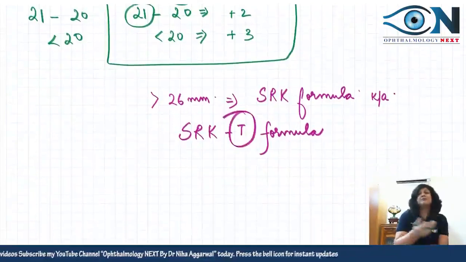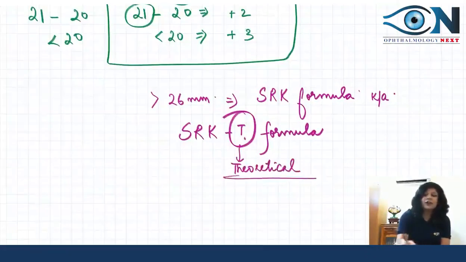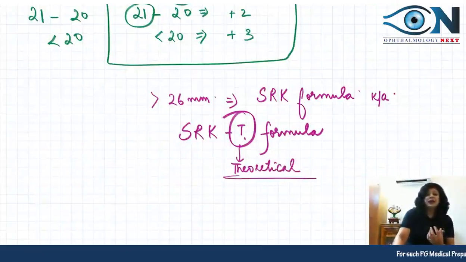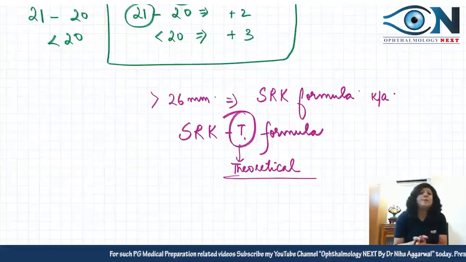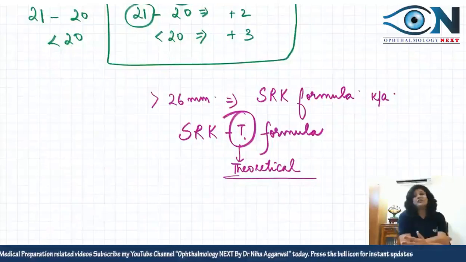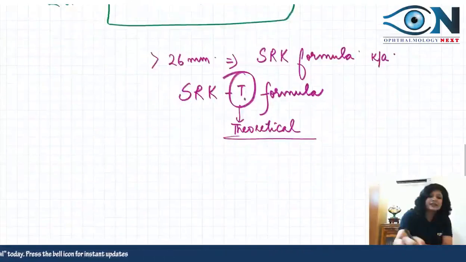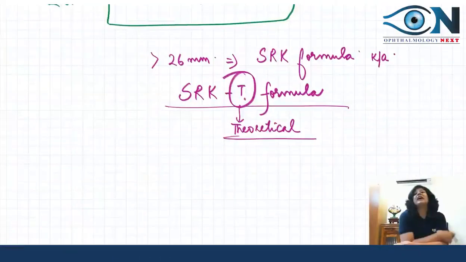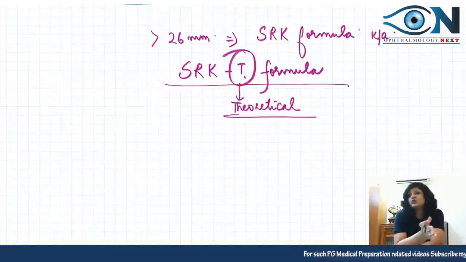I told you T for 3, but actually here T means theoretical. This is your theoretical formula. Because it is more than 26 mm, I will have to personalize the constants, and in those cases I will use this SRK/T formula.